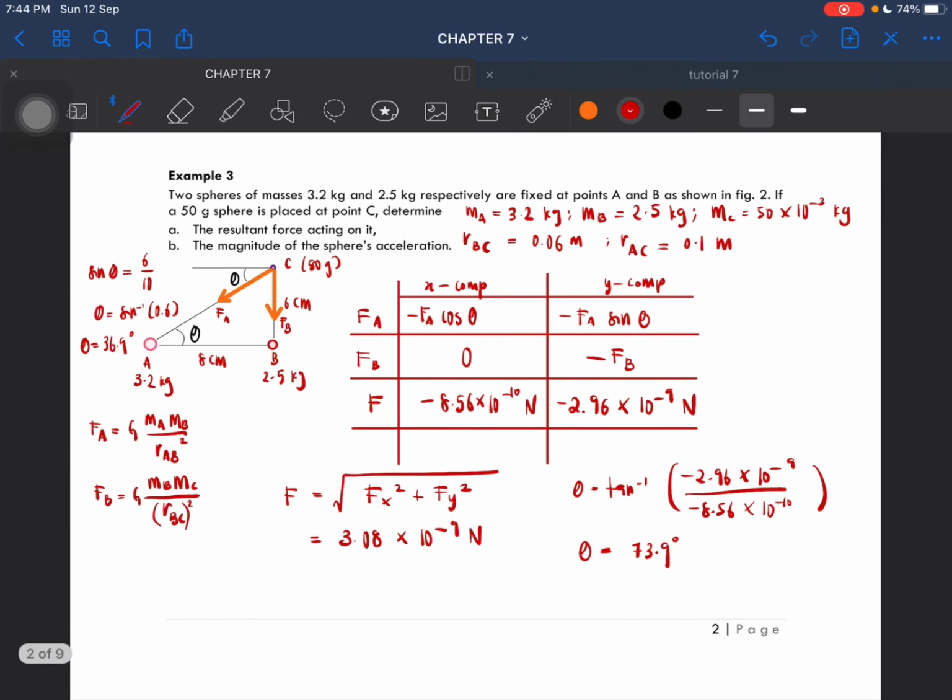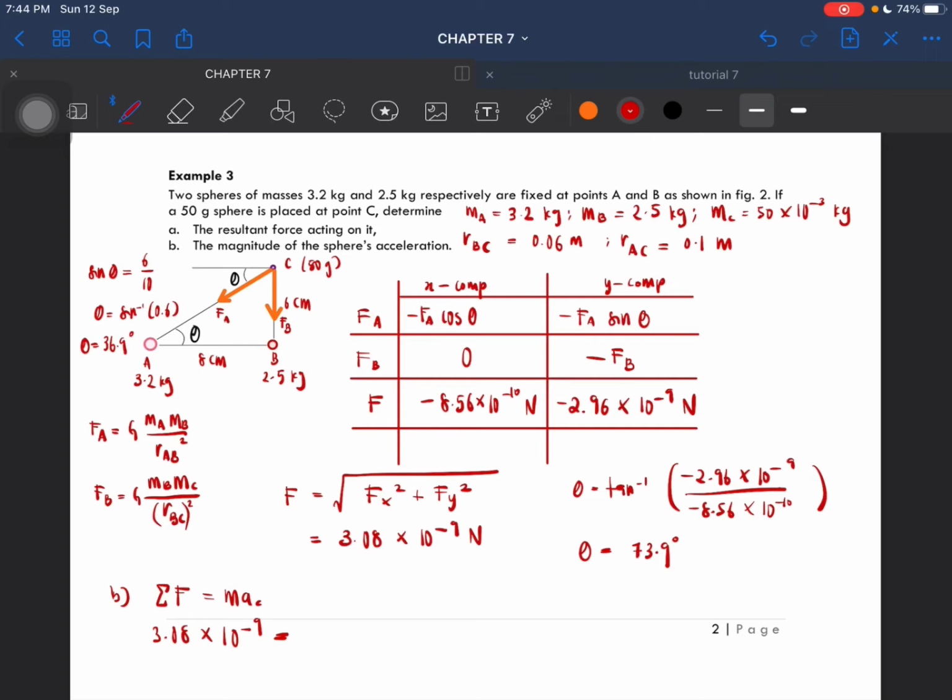Then we have to find the magnitude of the sphere's acceleration. For this one, you can just use the circular motion formula, which is total force equal to m a c. We have the net force, which is equal to 3.08 times 10 to the power of negative 9, which is equal to the mass.